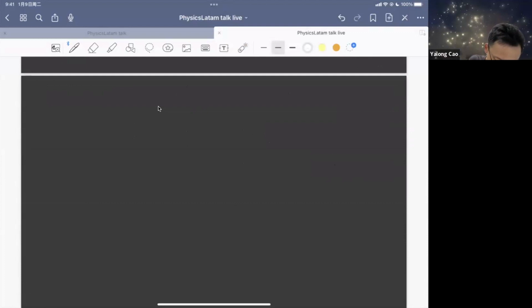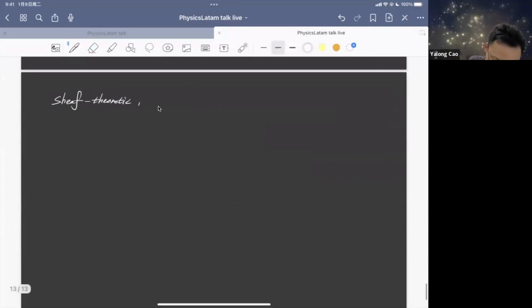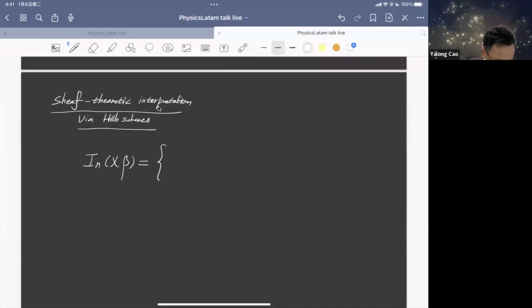Next, I want to say a bit about another sheaf theoretic interpretation, the Hilbert scheme. The notation is I_n(X, beta).